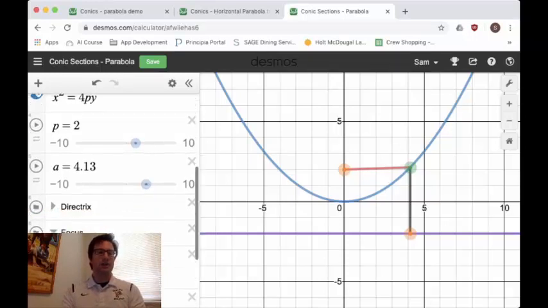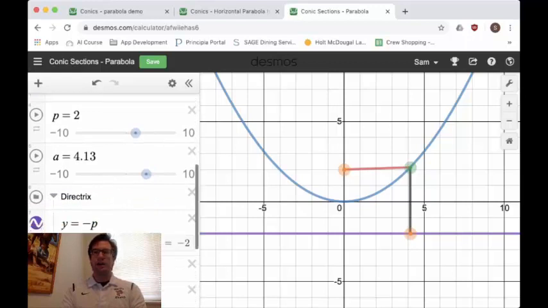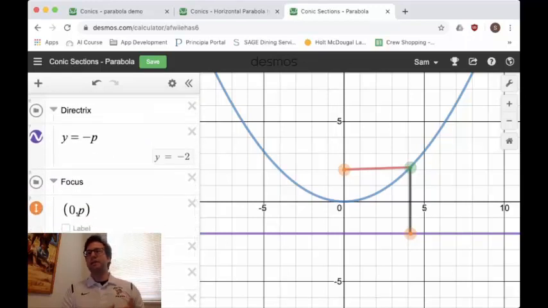Similarly, the directrix has the equation y equals the opposite of p. So p in this case is 2, so our directrix is at y equals -2. And that's how the equations for these parabolas are going to work.